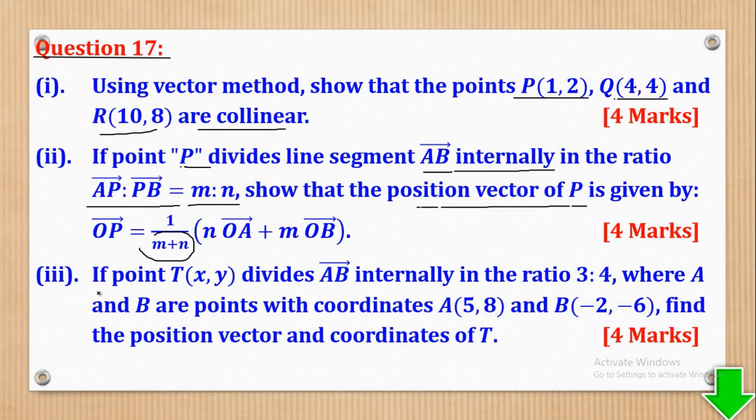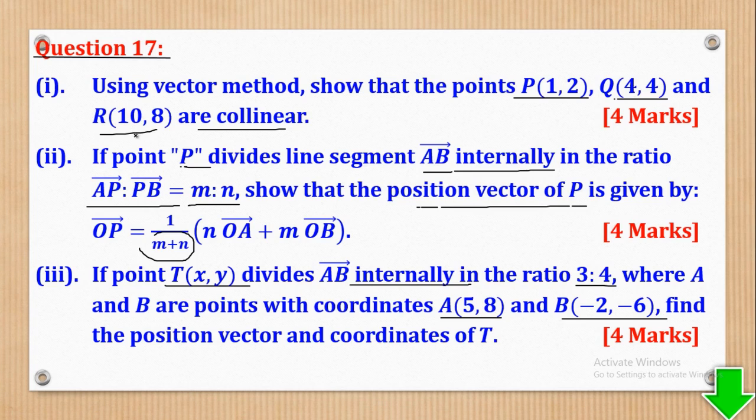Then Roman 3, if point T(x, y) divides AB internally, note that word internally, in the ratio 3 to 4, where A and B are points with coordinates A(5, 8) and B(-2, -6), find the position vector of the coordinates of T.